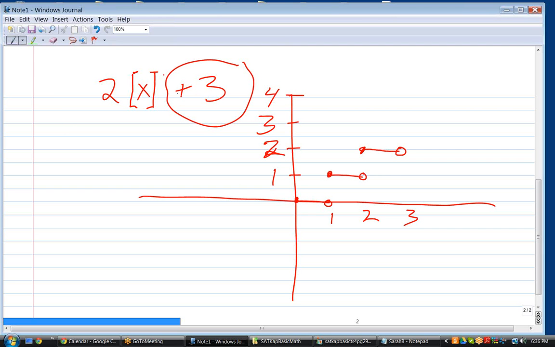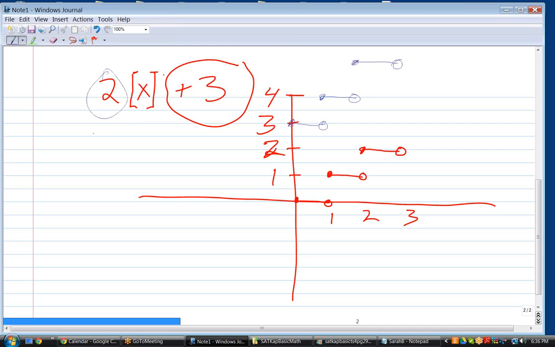If I do just the plus 3, then I would go up 3 units, and that would be greatest integer of x plus 3.